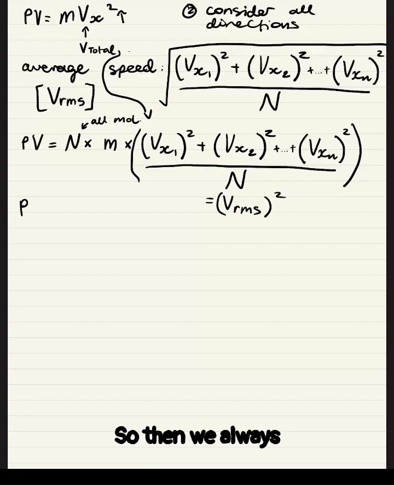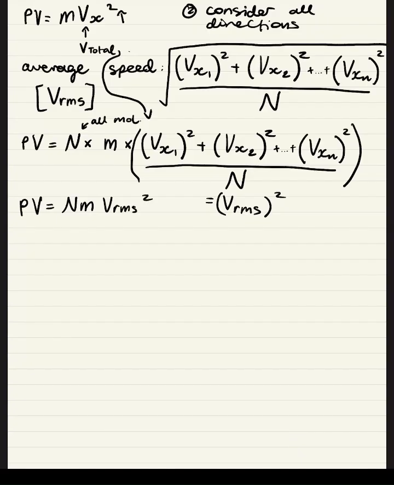So then we're almost there. PV equals N m v root mean squared, or root mean speed or whatever, and it's squared. I just call it root mean square, I don't know why.